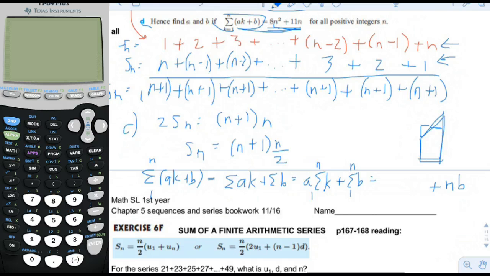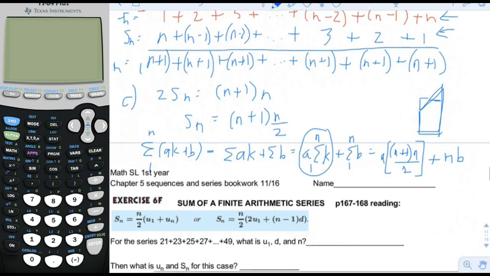And then for this expression, we know that the summation of k from 1 through n is n plus 1 times n over 2, and then we can multiply that by a. And so now we just expand that.